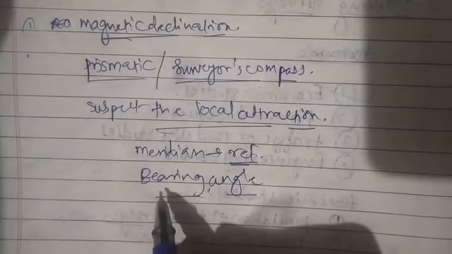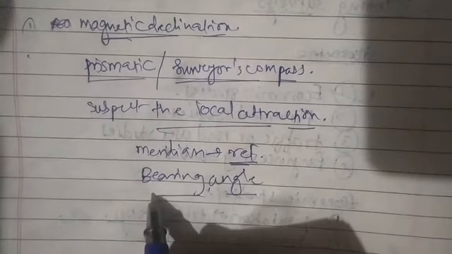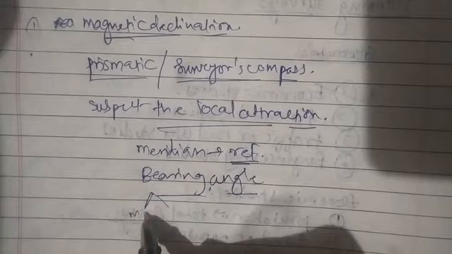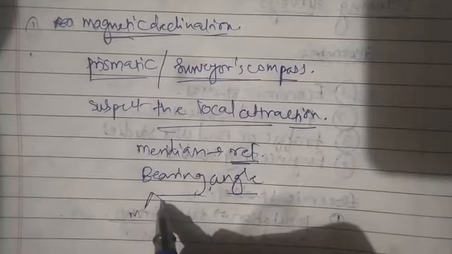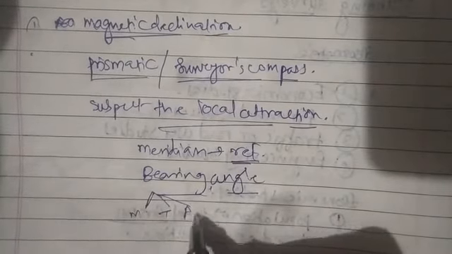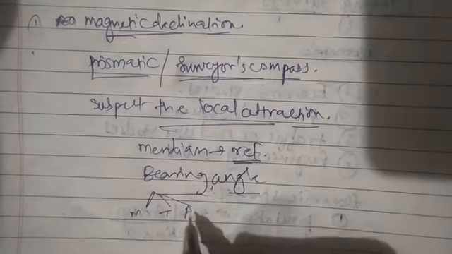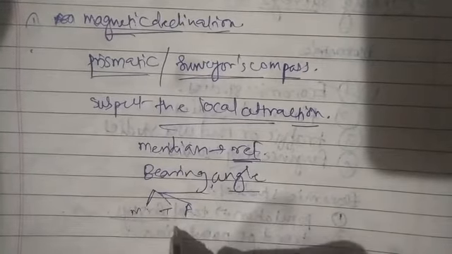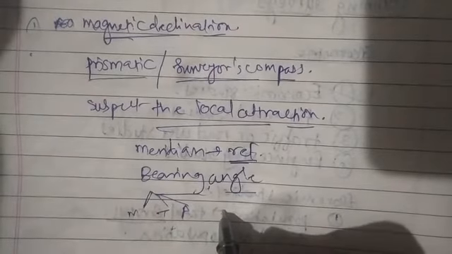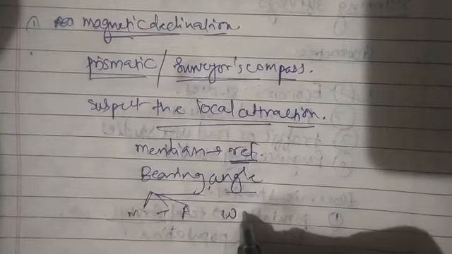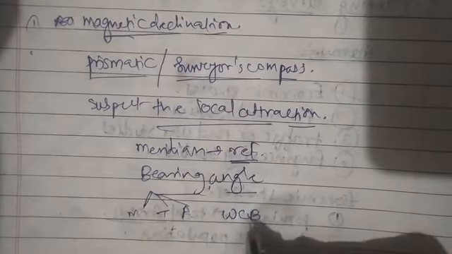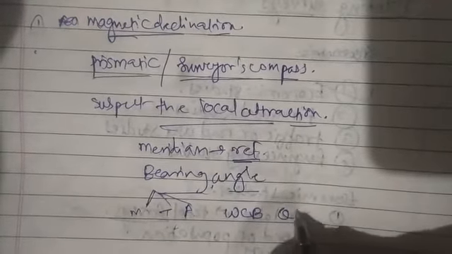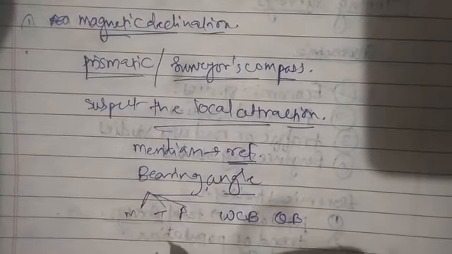We have also discussed the types of bearing. There are three types of bearing: magnetic bearing, true bearing, and arbitrary bearing. Then we have discussed the systems of measurements of bearing. First system was whole circle bearing, and the second, that was quadrantal bearing.